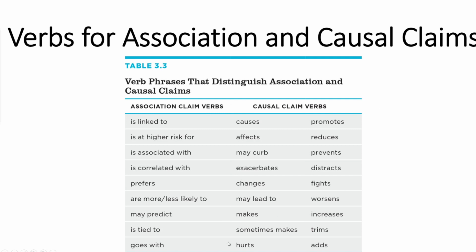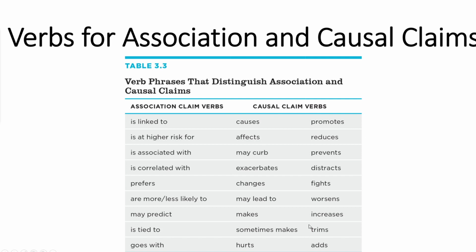And then if we go to the other side, our causal claim verbs are A causes B, or A affects B, A changes B. So if they're talking about something concrete and implying that one variable is affecting another variable, then we're going to say it's a causal claim. Now they give us some weird verbs in here.